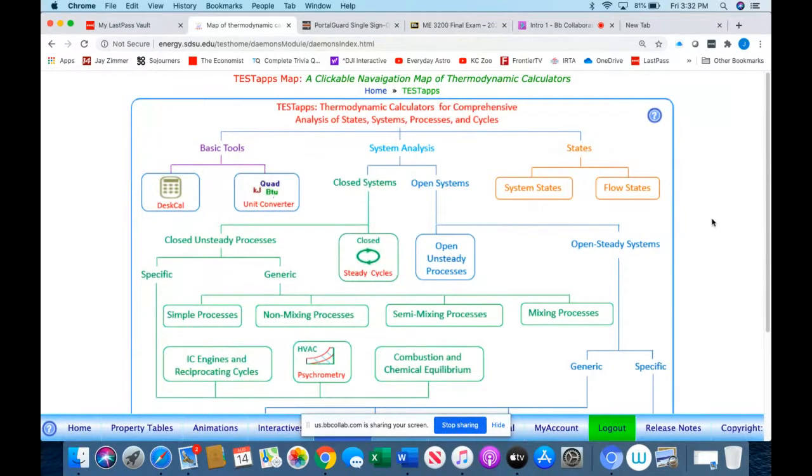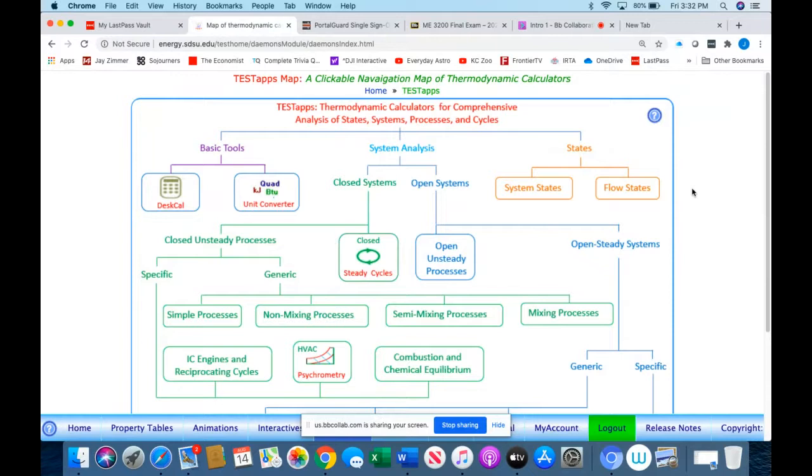This is the test software. You should by this time know how to log into the software. In answering the questions whether this is a system, substance, or process, for this particular problem, it's obviously a closed system.